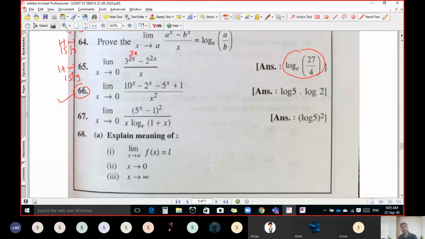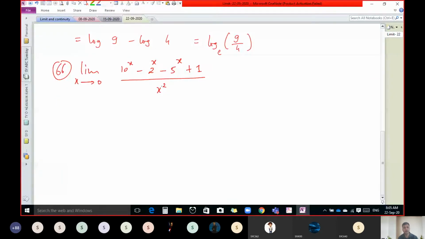Now if we put x equal to 0, what will happen? We get 10 raised to 0 minus 2 raised to 0 minus 5 raised to 0 plus 1 upon 0 square. 10 raised to 0 is 1, minus 1 minus 1 plus 1 upon 0. 1 minus 1 cancel, minus 1 plus 1 cancel, so we get 0 by 0.